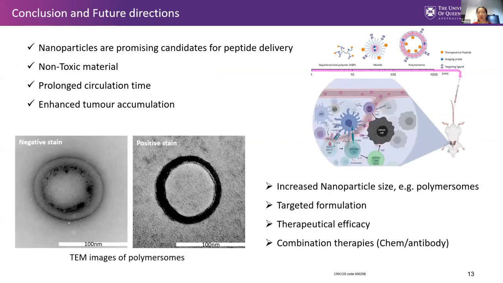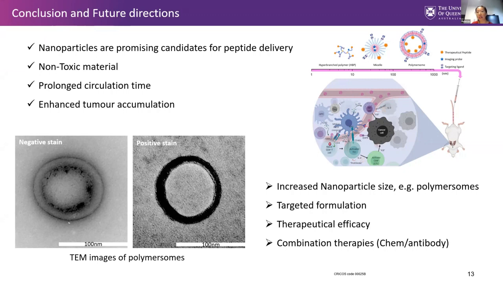So in the future, we have planned to look into larger particle sizes, such as polymers, to see if there is more difference among different sizes. And also we are interested in looking at targeted formulations, such as using a small molecule or antibody as a targeting ligand.